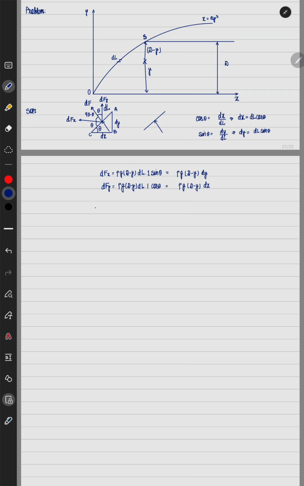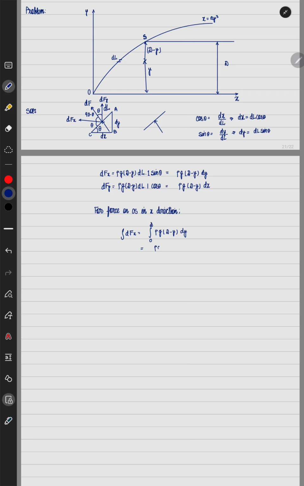So the force on OS in the x direction is given by the integral of dFx, that is, the integral of rho into g into d minus y into dy. Now the variable is y, so y is integrated from 0 to d.